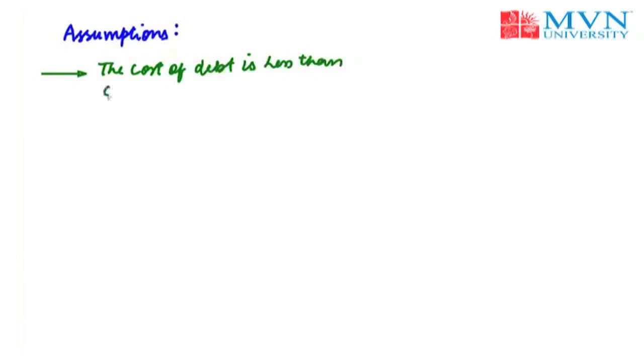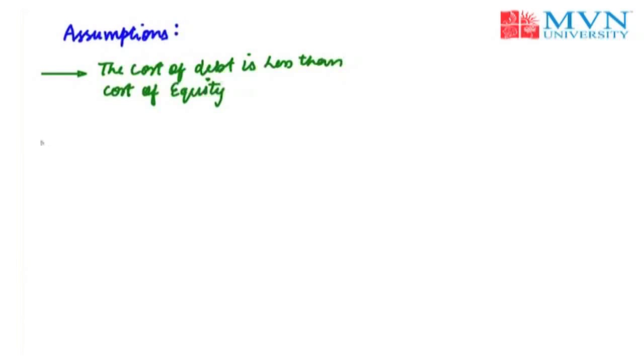This approach is based upon certain assumptions. The first assumption to this theory is that the cost of debt is less than the cost of equity. The reasons for assuming cost of debt to be less than the cost of equity are that interest rates are usually lower than dividend rates due to the element of risk and the benefits of tax, as interest is a deductible expense.